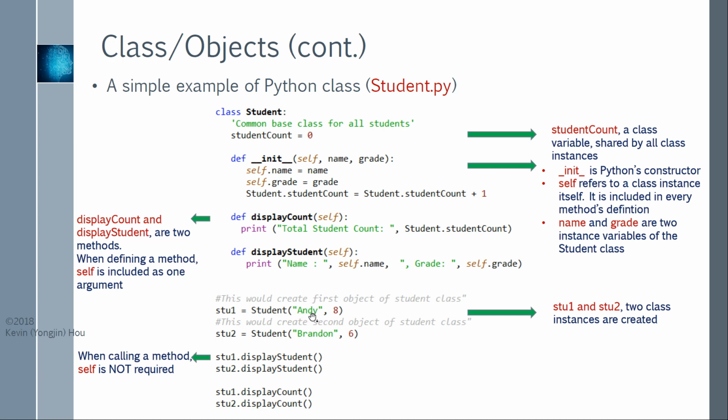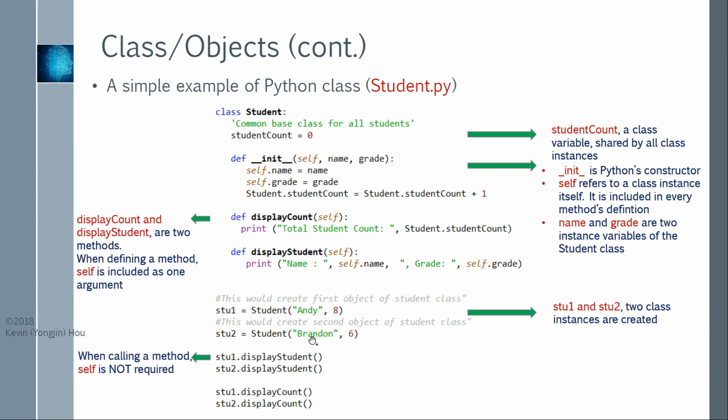You only need to pass Andy as the name and the grade of 8. Basically, this will create an instance of Student, and correspondingly, the constructor, the init method, will be invoked, and then all the instance variables like name and grade will be assigned properly according to the values you are passing.